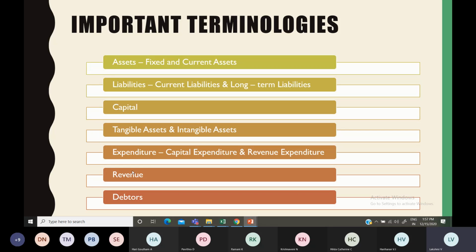And next, moving on to the revenue. So revenue means the income that you earn from your business. Whatever kind of operations you are engaging with, from that you are going to get some income. If you purchase from a supplier the raw materials or inputs you require for your business, and you have paid him promptly, he might give you some discount received, or sometimes you might earn some commissions in your day-to-day business operations.